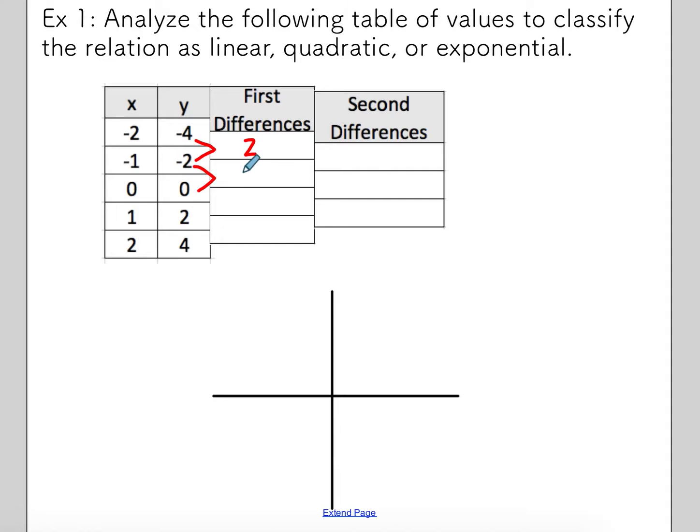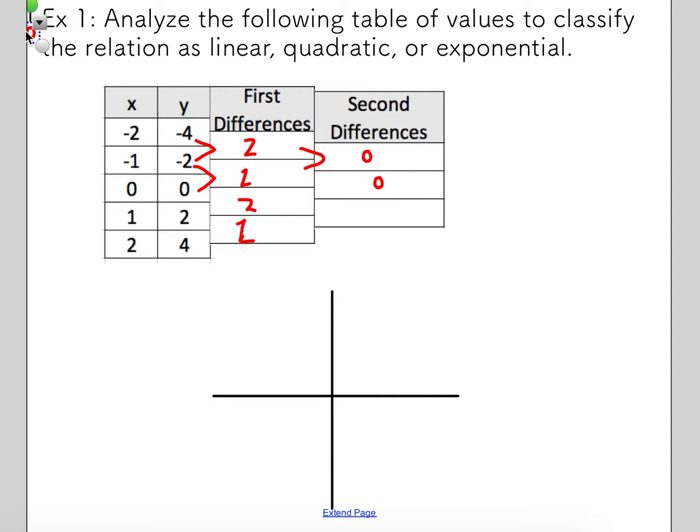So I've got 0 minus -2, also 2, 2 minus 0, also 2, and 4 minus 2 is also 2. So you can see that I've got constant first differences here. If I were to take the second differences, I do 2 minus 2, and sure enough, I would get 0, and that would be the case for all of the subsequent sets of second differences.